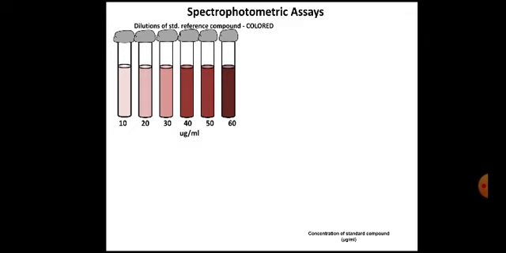That is the property of a colored compound. So the first thing is having a standard reference compound to be used for the selection of a particular wavelength. How will we determine the particular wavelength? The wavelength of light in the visible range that is maximally absorbed by riboflavin should be chosen for the spectrophotometric assay.